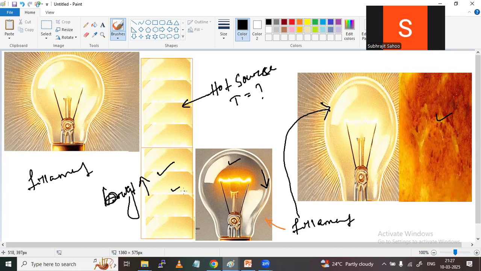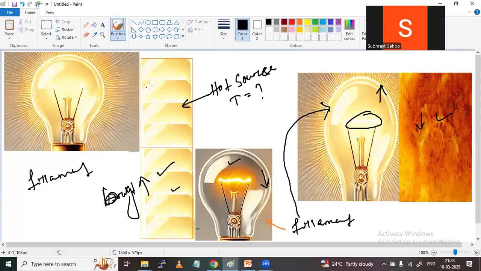Which one is more bright, which one is less bright. The second case is when the brightness of the filament is more, but the brightness of the hot source is less. In that case also we can compare which brightness is more. How we increase or decrease the brightness of the filament, we can understand through the construction of the optical pyrometer. After this I will tell.